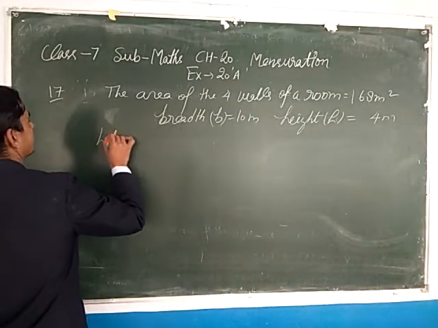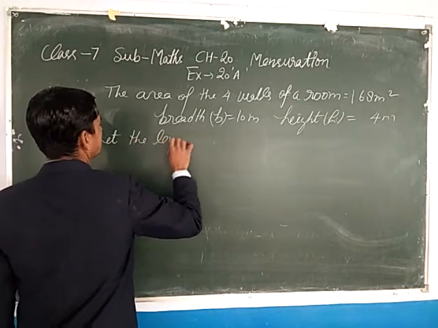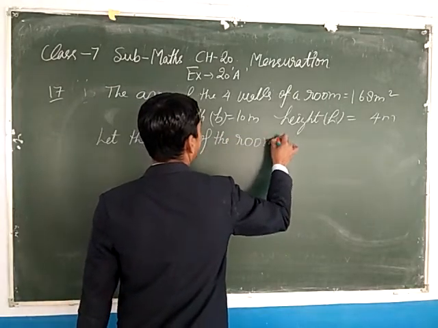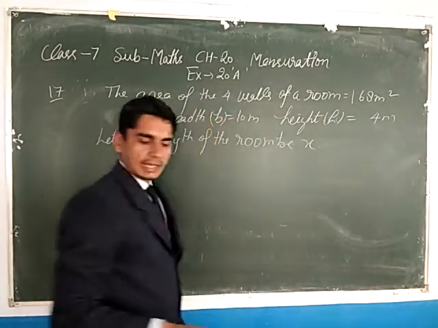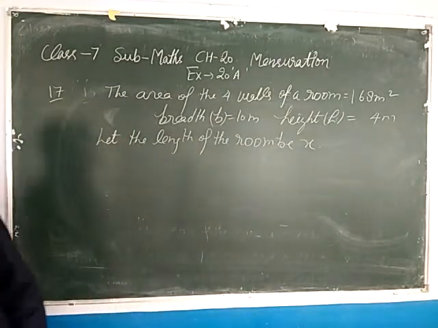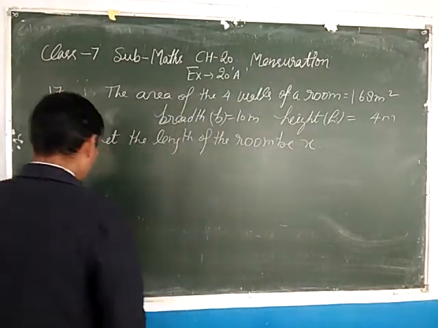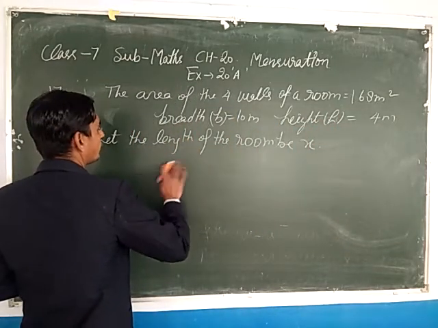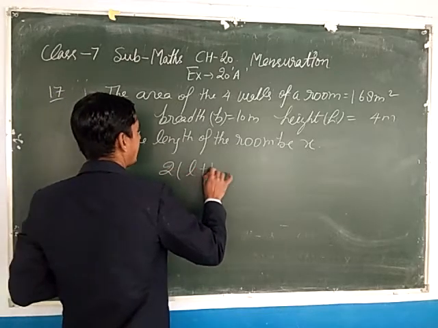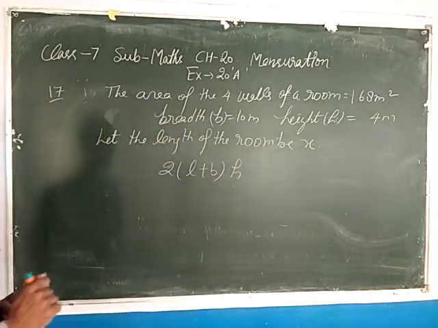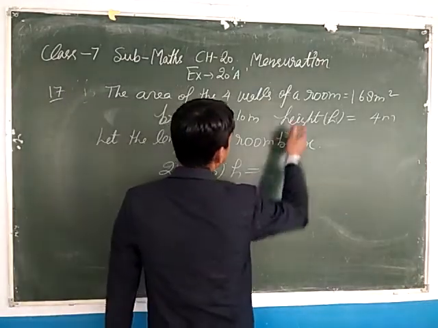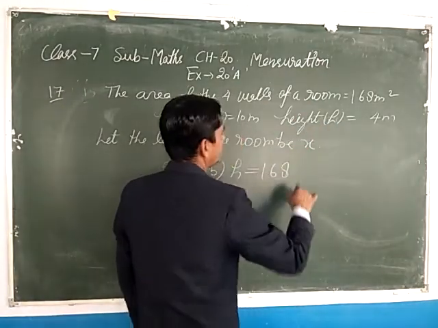So let the length of the room be x. Suppose the length is x. So you know very well the area of four walls is, yes students, 2 into length plus breadth, multiplied by height, yes or no? Okay, and this is given how much? 168 meter square.